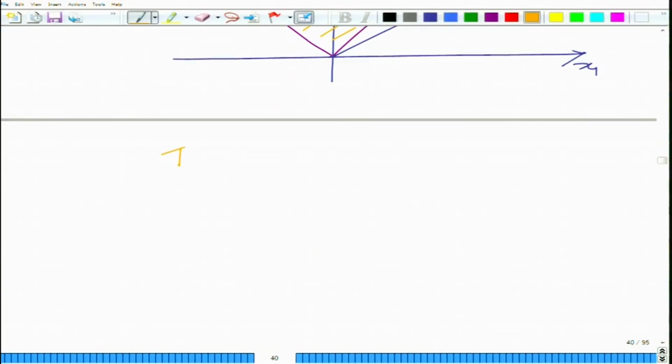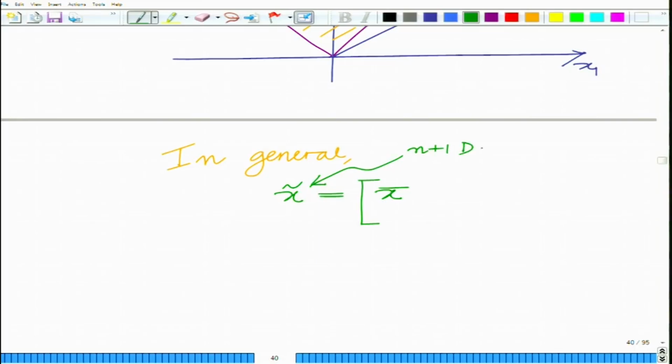And in general, now you get the idea. To generalize this, we have x tilde, an n plus 1 dimensional vector, of which we form the first n dimensions.